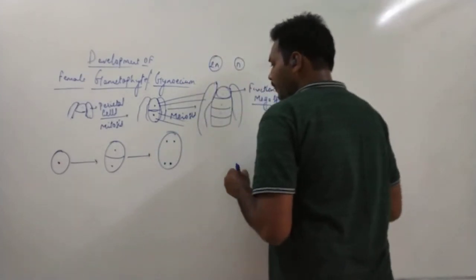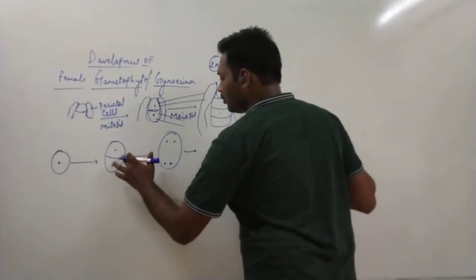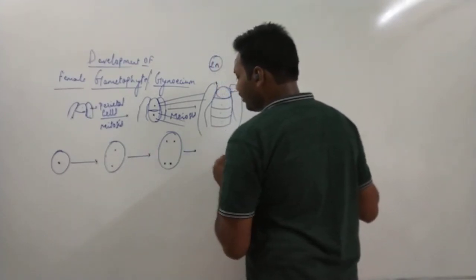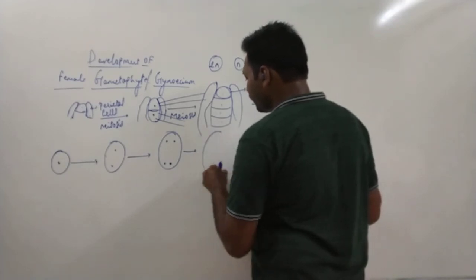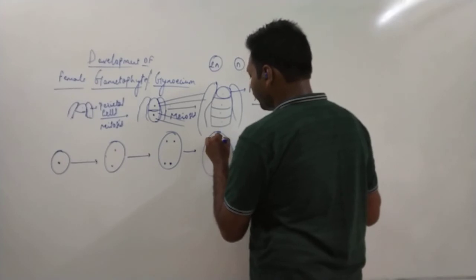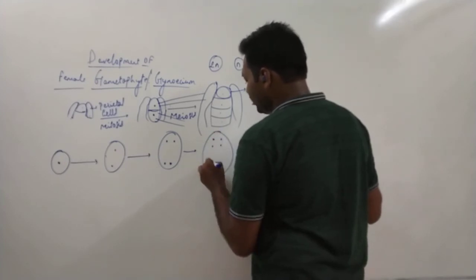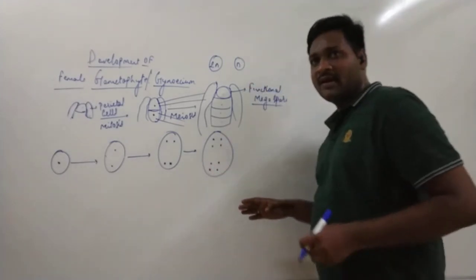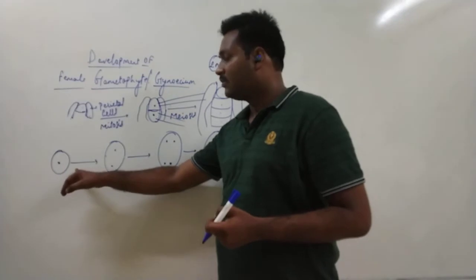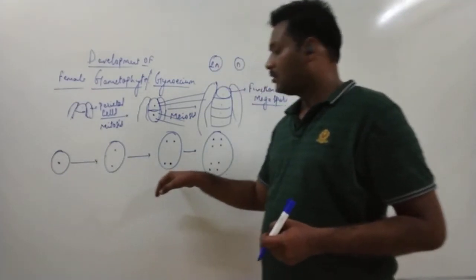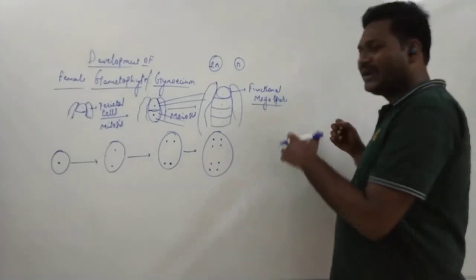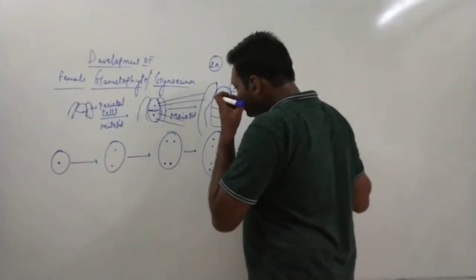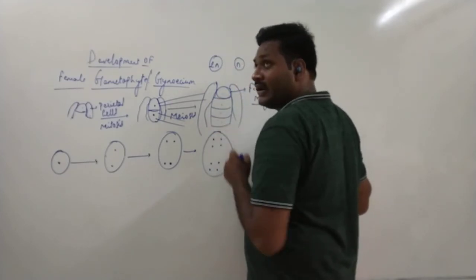Then the third mitotic division, where eight nuclei develop. So it is multiplying the number from single, double, then 4 tetrad and 8 sarcine. So eight nuclei are formed.